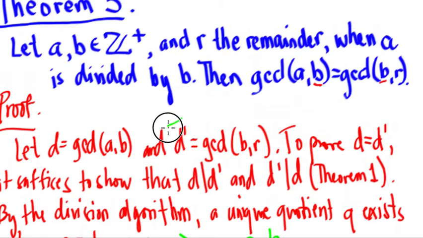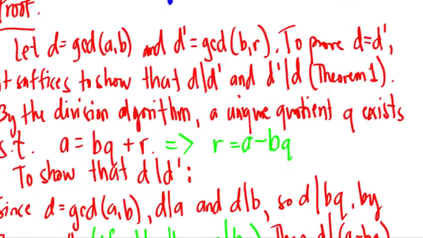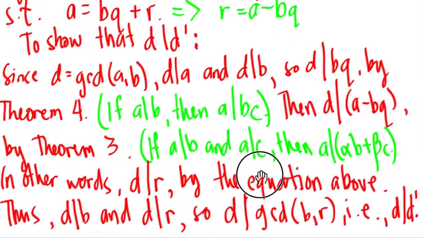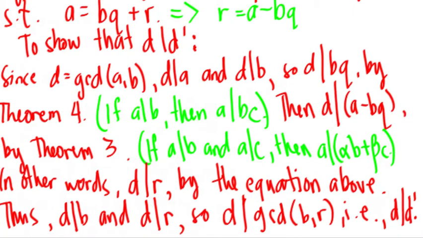Since D is a factor of the GCD of B and R, we can say that D divides D prime. This is the argument we have shown for D divides D prime.